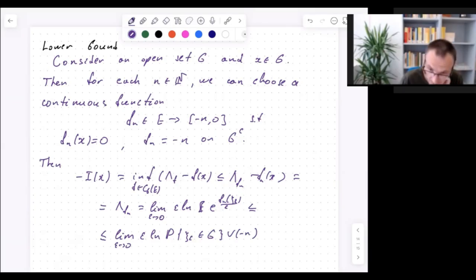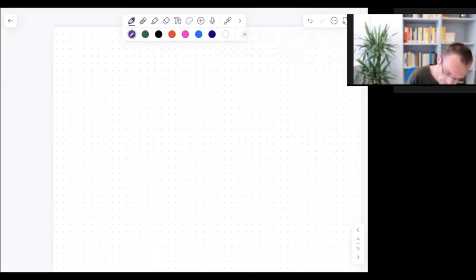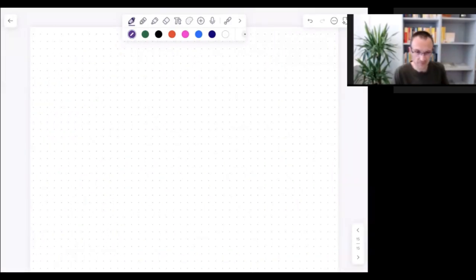So maximum minus n, and then if n goes to plus infinity, we get the lower bound. This is how we obtained that inequality.